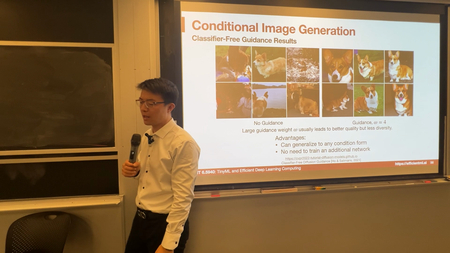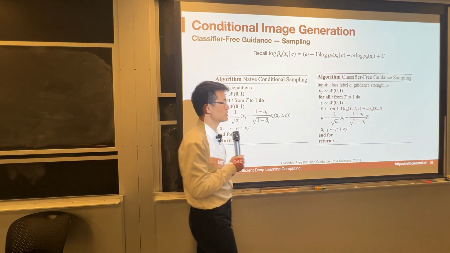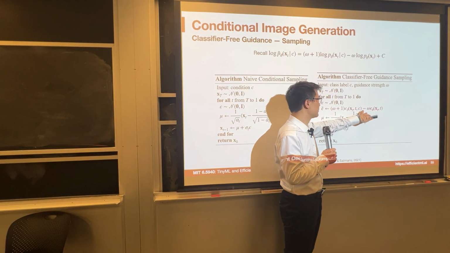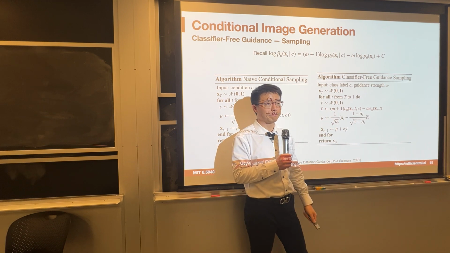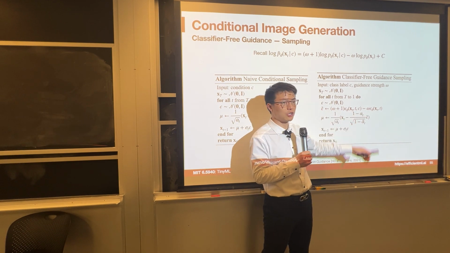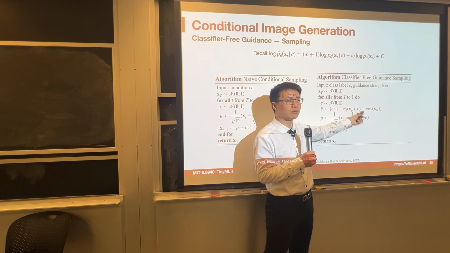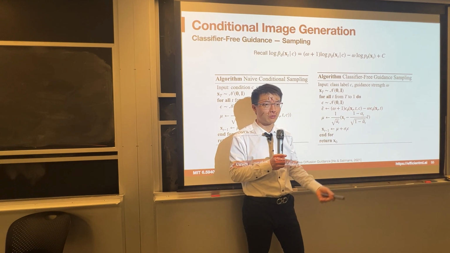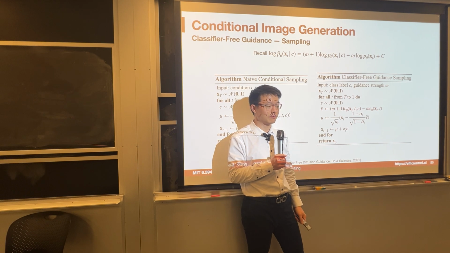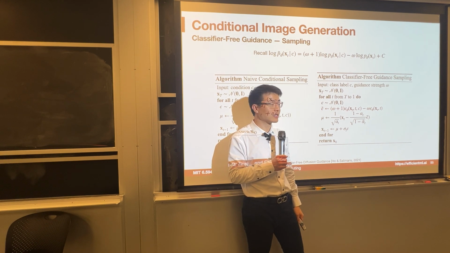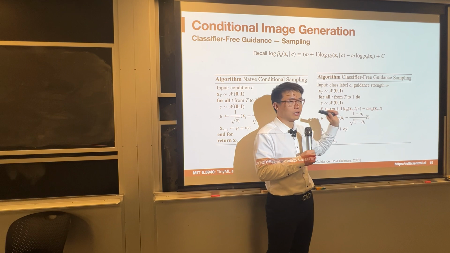So this condition, if you see the previous equation, can be anything. You can use text condition. Remember, we talked about cross attention to inject the text condition. And also we can use a pixelwise condition like a mask by using ControlNet. So this is very simple.